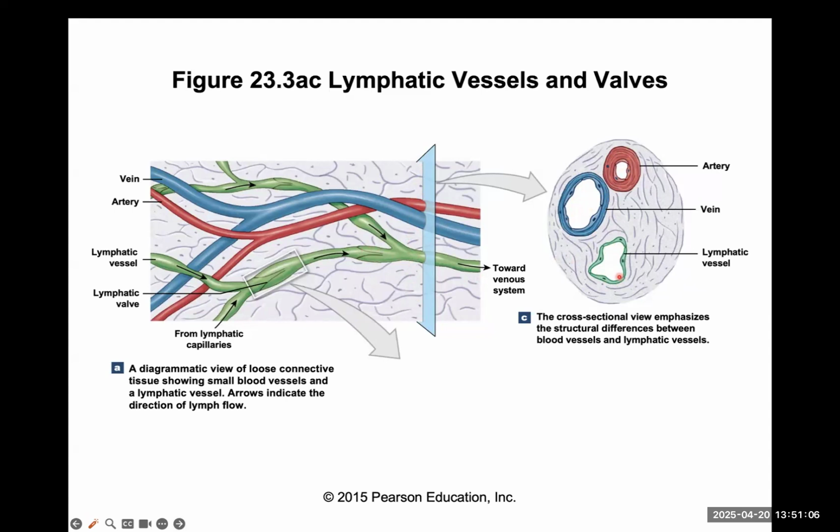The lymphatic vessels, if you look at them, do they look similar to this or this? To me, it looks similar to the veins because they're also very floppy. They're also under low pressure, and they are not going to have the thick wall of muscle that you have in the arteries. So the big difference in both the veins and lymphatic vessels is that they have valves.